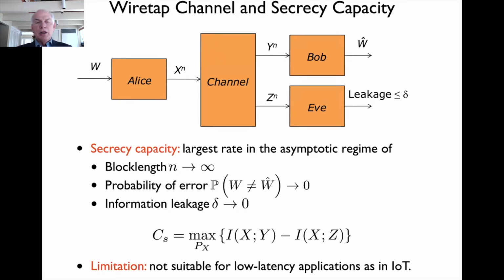And what Wyner showed, this is a little bit of an oversimplification, but it's a good way to think about it intuitively, was that in this model, the secrecy capacity is the maximum over all channel input distributions of the difference between the mutual information between the input of the channel and Bob's output, minus the mutual information between the input of the channel and Eve's output, on a single channel use.